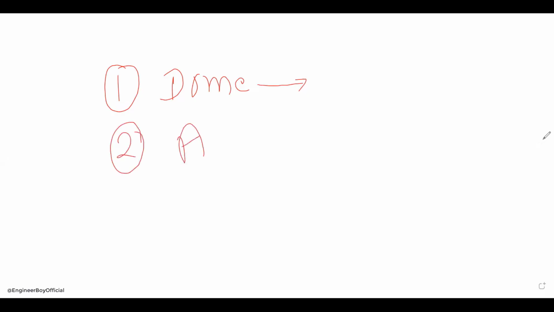Okay, first, let's just start it. The first thing which we will discuss in today's session is actually about domes, because previously it was just remaining. And then secondly, we will work with arches.